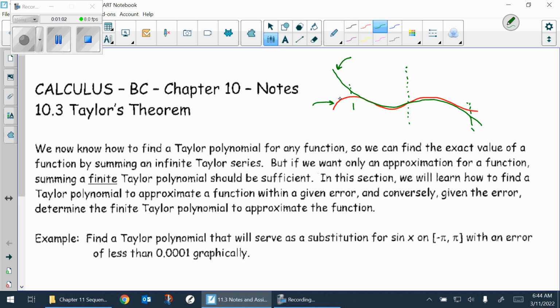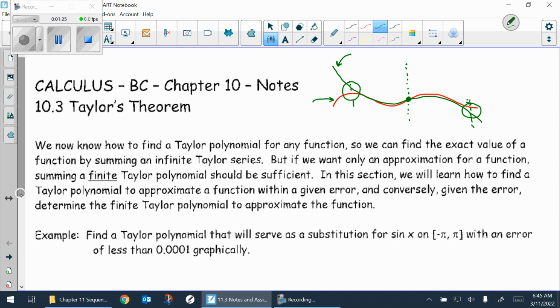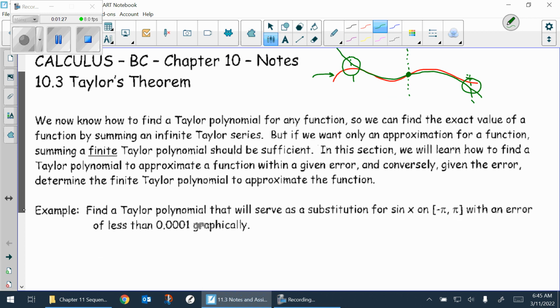And I think we're going to see, and it's pretty easy to understand, that at the center of this interval we're going to be locked on, and the biggest errors are going to occur at the ends of these intervals. We want a tool to figure out how big the error is.